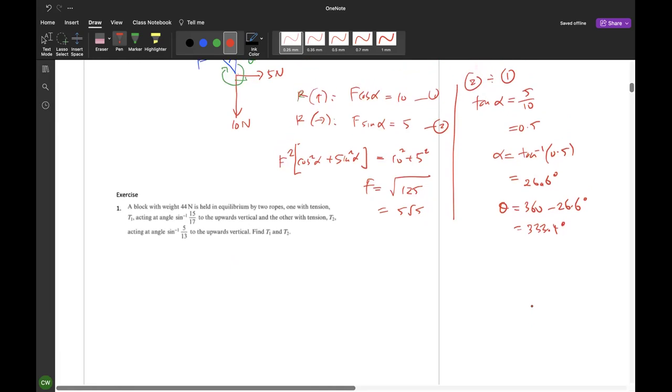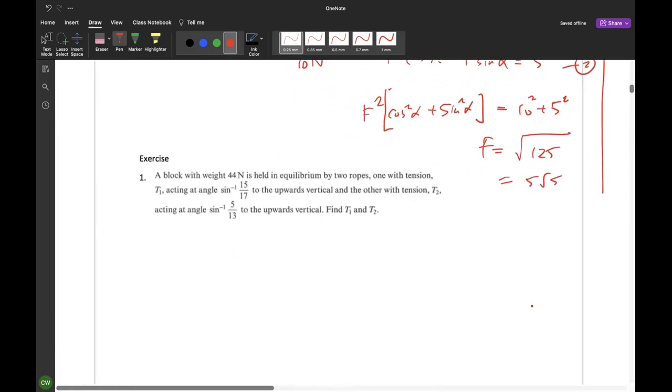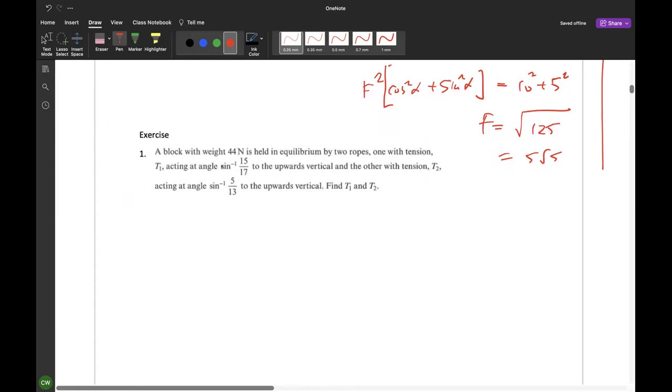Okay, next question. Can do a lot of exercise. Held in equilibrium by two ropes. T1 outward, another tension outward, by T1 and T2. There's a block, two tensions.